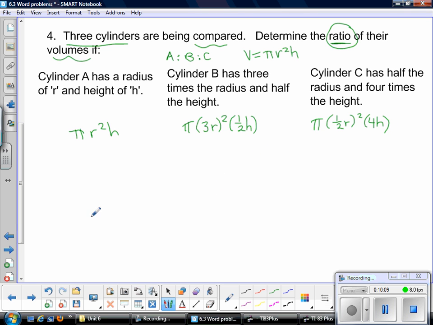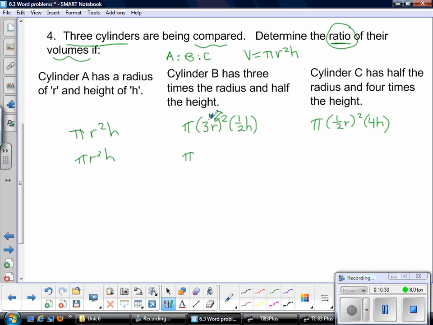Now, the first thing that I would do is first of all simplify the best I could. I'm going to leave pi the way it is. This one's going to stay the way it is as well. You can recopy it if you want, if that makes life a little bit easier. Pi, okay, some exponent work. This 2 is applied to both of them.